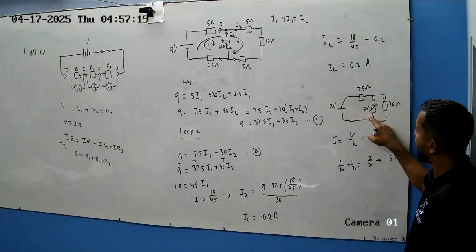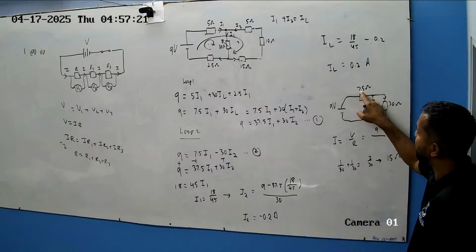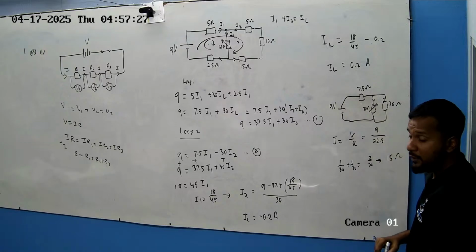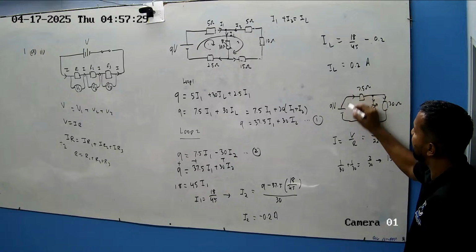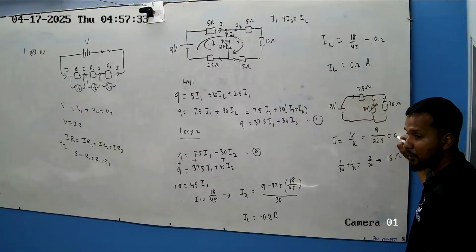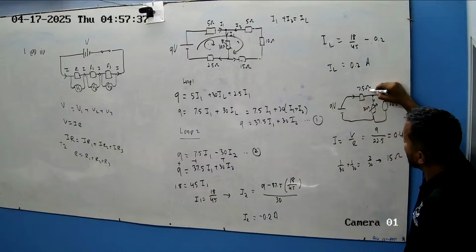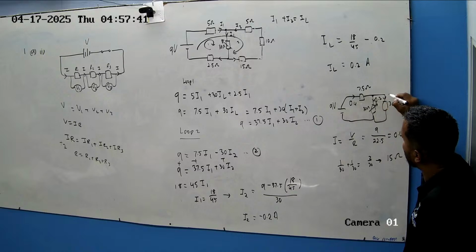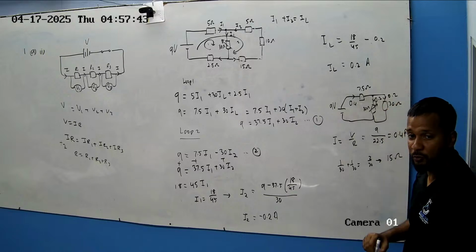So these two are 15 ohms. 15 plus 7.5 is 22.5, right? So the total current flowing in the circuit is 9 over 22.5, which is 0.4 amps. So if the whole thing is 0.4, current will split up here, 0.2, 0.2, right?